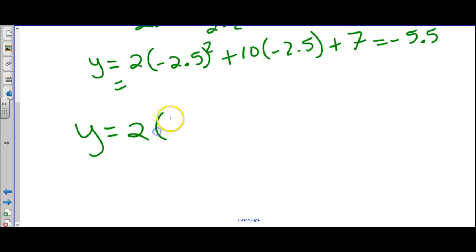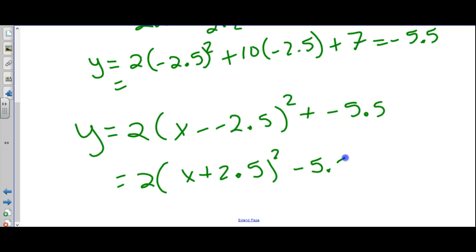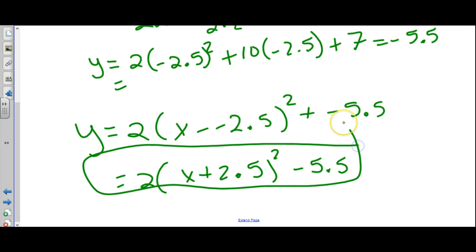So we use the same a even if it's written in vertex form. Then the formula said x minus the x-coordinate. Our x-coordinate is negative 2.5, plus the k, which is negative 5.5. So we simplify: a negative negative makes it a positive 2.5, and a positive negative makes it a negative 5.5. So now this is written in vertex form. So that concludes our discussion of transforming parabolas.